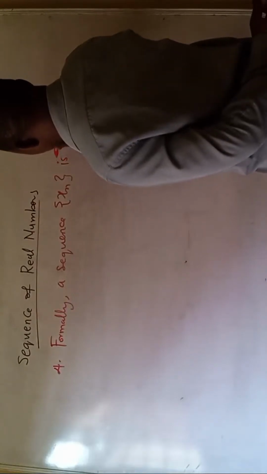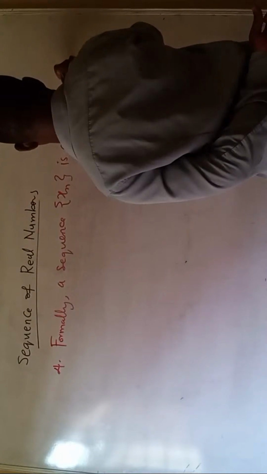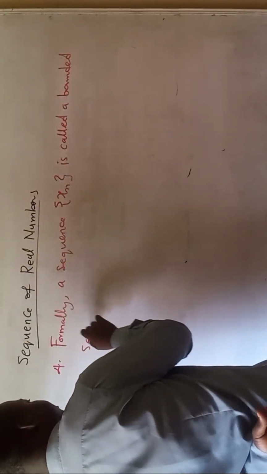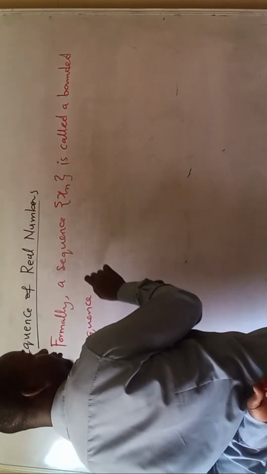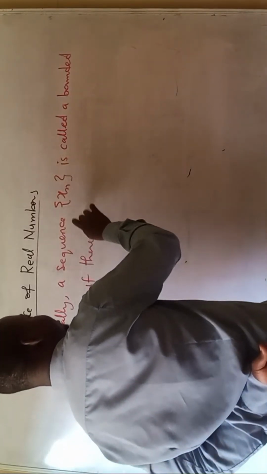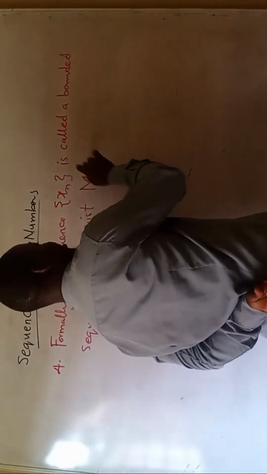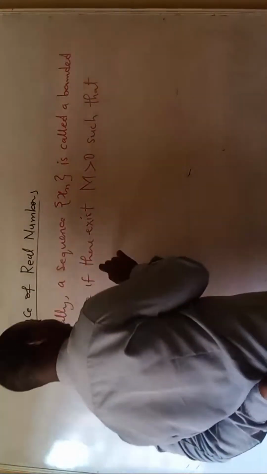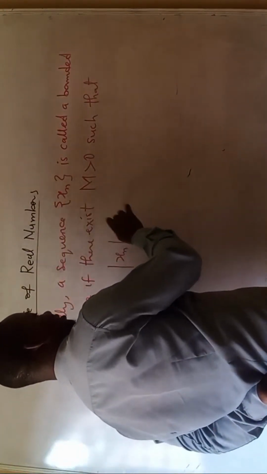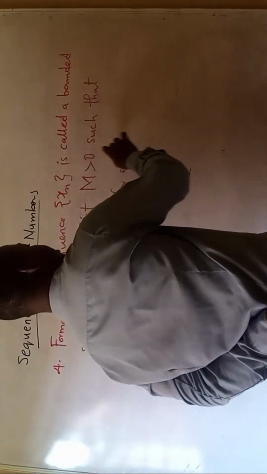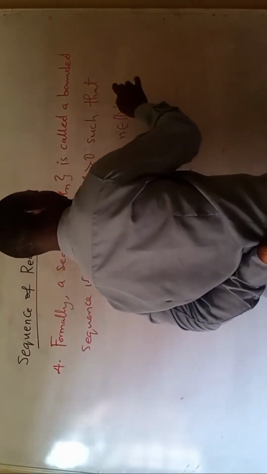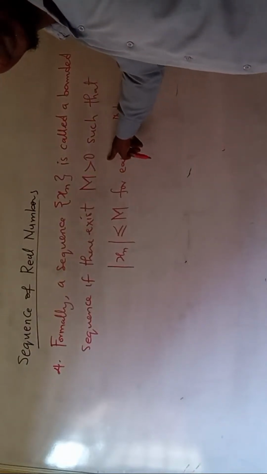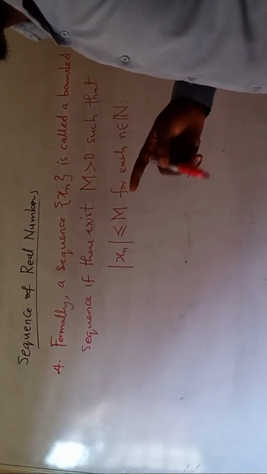A sequence xn is called a bounded sequence if there exists a positive number N such that the absolute value of xn is less than or equal to N for each n in the natural numbers. So we say a sequence is bounded if we can have a positive number N, which also means the maximum of that sequence.